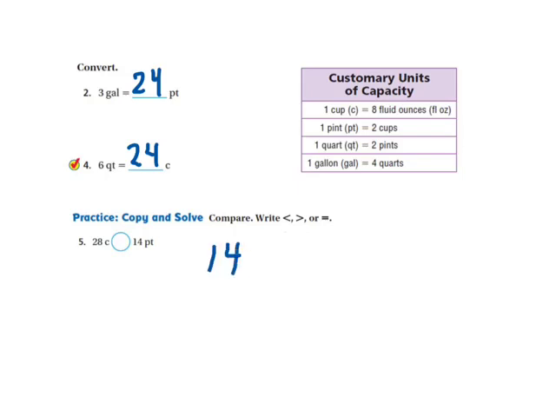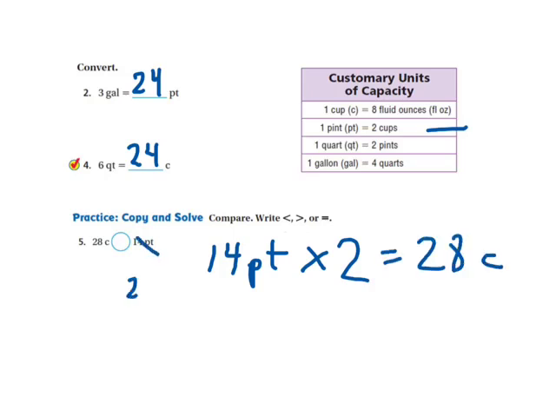So 14 pints. If I'm going from pints to cups, I'm going from big to small, which is multiplication, and according to this, there are 2 cups in 1 pint, so I multiply by 2 and I get 28 cups. So this becomes 28 cups, and look at that. This is 28 cups and this is 28 cups, so they are equal.